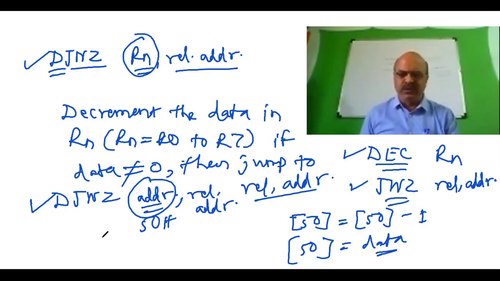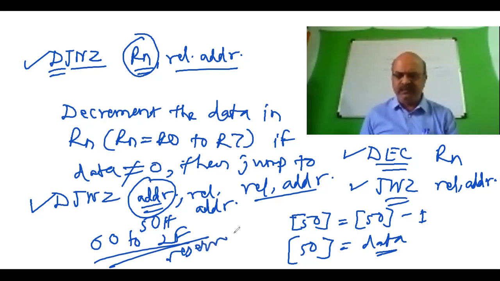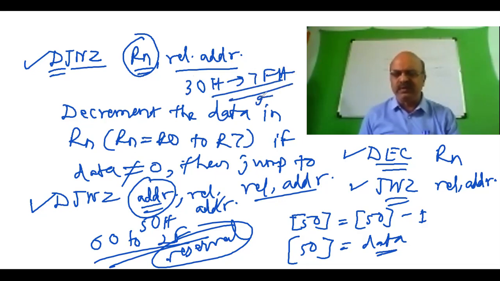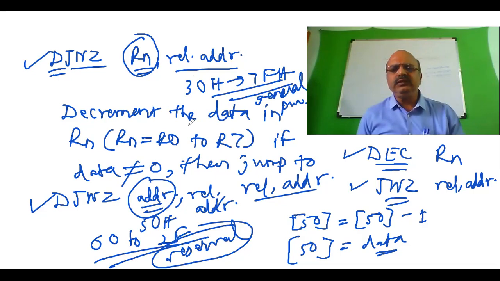So from 00 to 2F, this is reserved. You should not make use of this area for general purpose. If you want to use general purpose, then go for 30H to 7FH. This is your general user area. So I think this is clear.